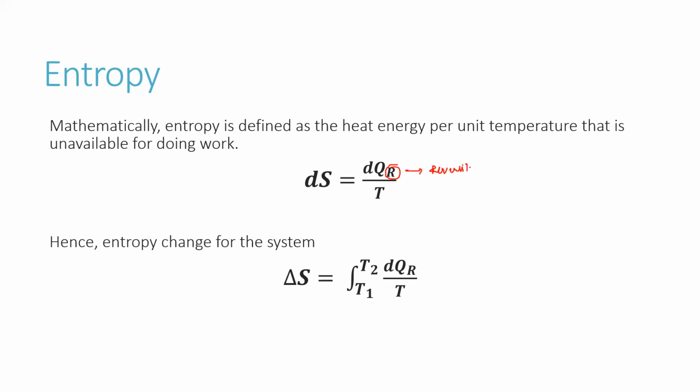This rule is applicable for a reversible process. For an irreversible process, dS is generally greater than dq_r by T. Hence, the entropy change for a system for a reversible process is given by delta S, which is the integral of this term from T1, the initial temperature, to T2, the final temperature.